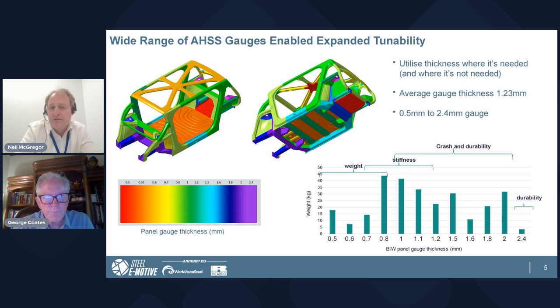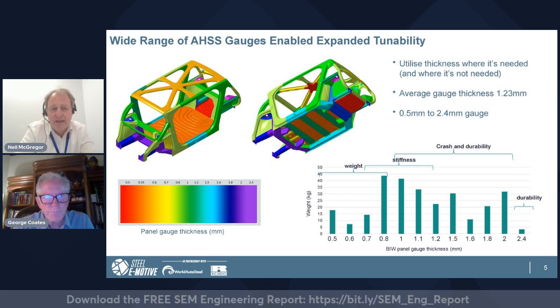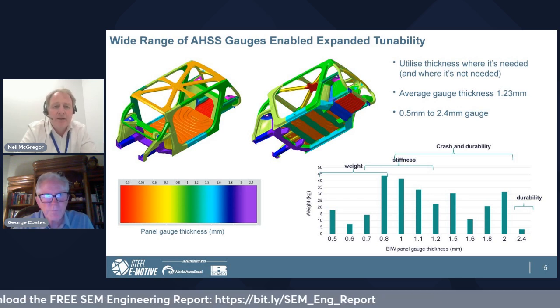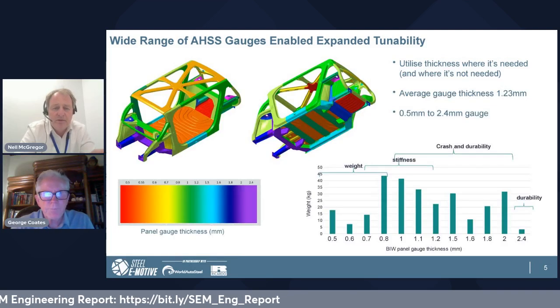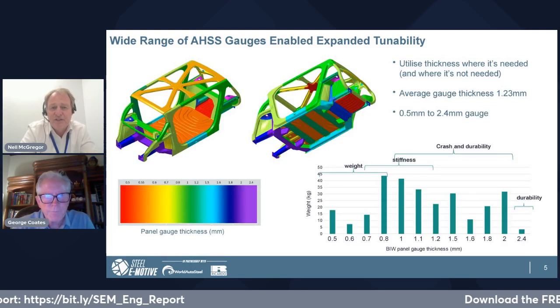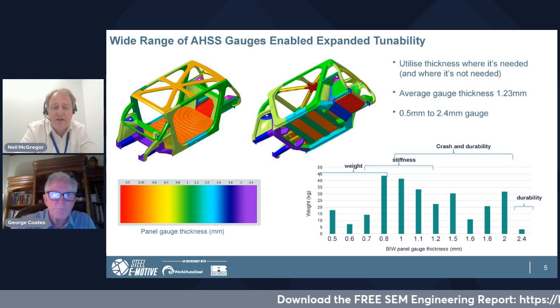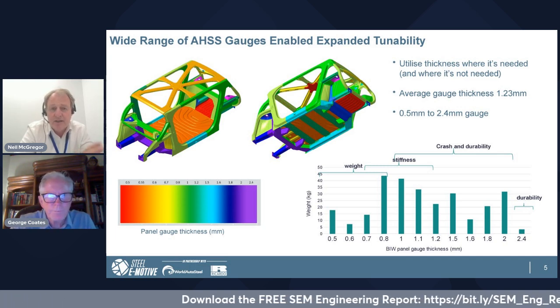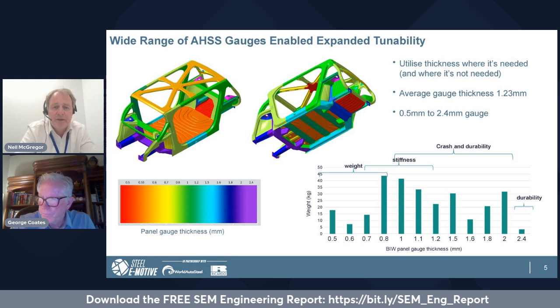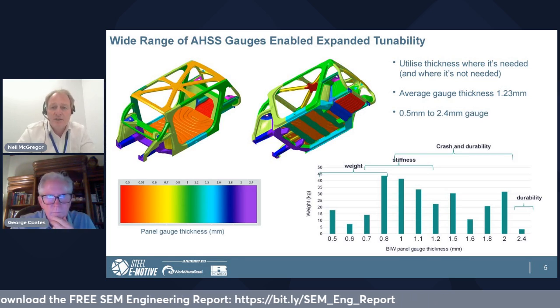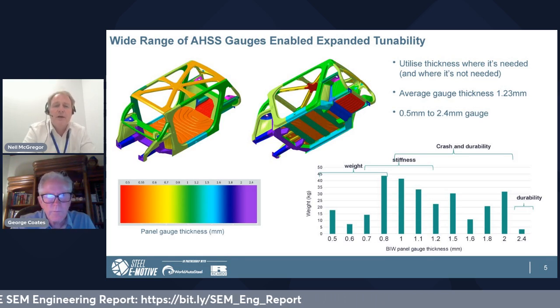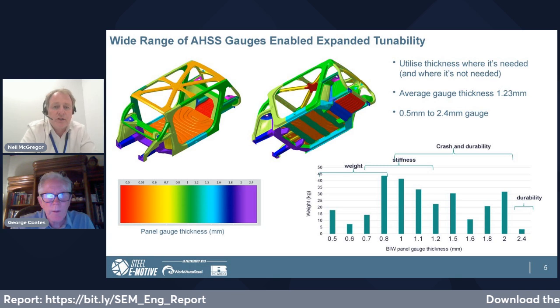And then we've gone up to 2.4 millimeters. An example of that is in the suspension towers in the rear, where we need some additional durability and fatigue strength. So it's another dimension, another element that we can use as engineers to tune and optimize the body in white structure.